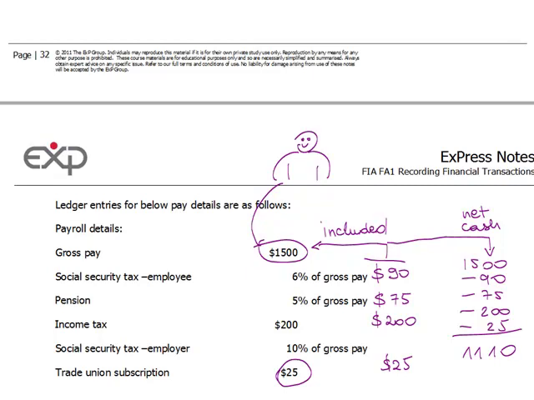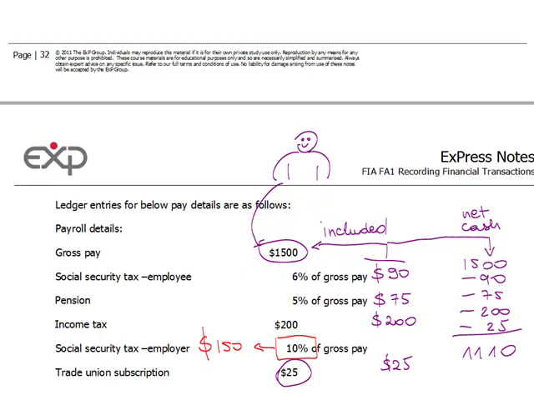That's how much he gets cash. Apart from all these contributions, the employer will pay a social security tax of 10%, which is $150 on the employee's salary.